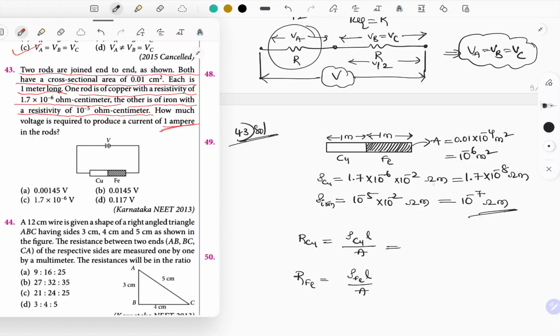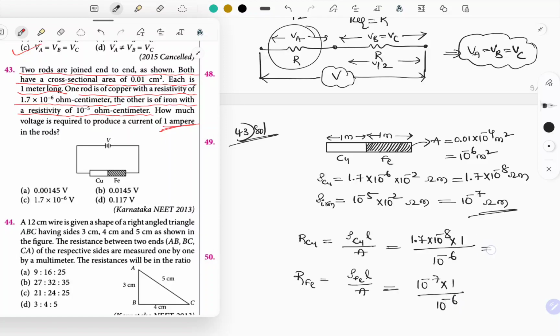So this rho copper is 1.7 into 10 power minus 8, length 1 meter divided by area of cross section 10 power minus 6. And what about this? Resistivity 10 power minus 7 into length 1 meter divided by area of cross section 10 power minus 6.